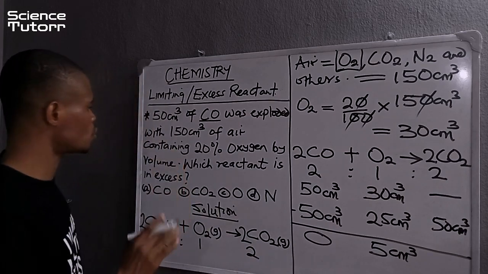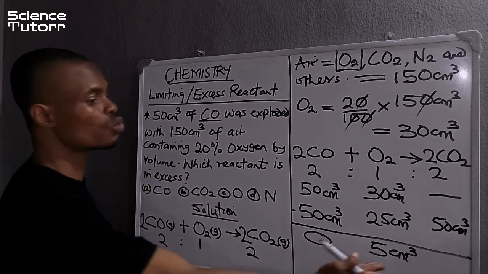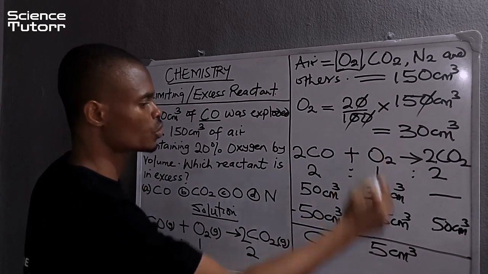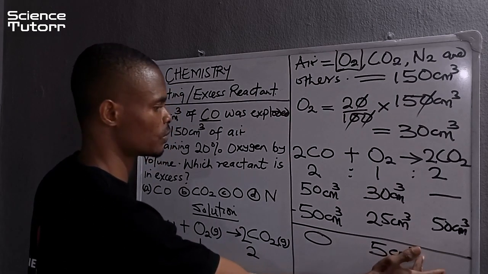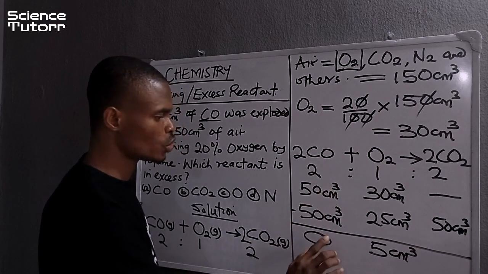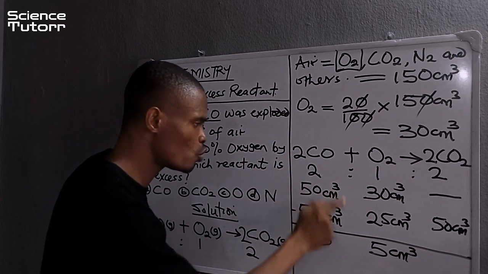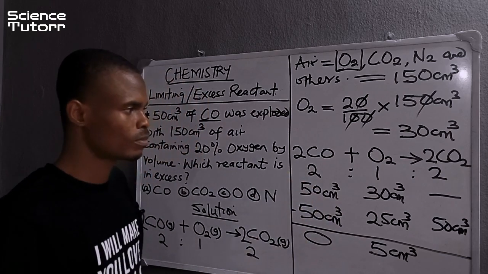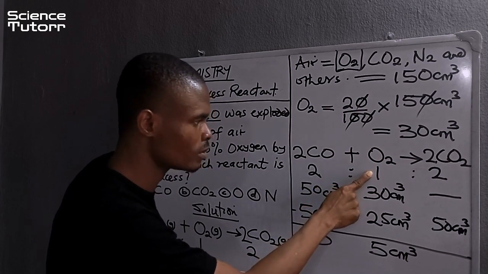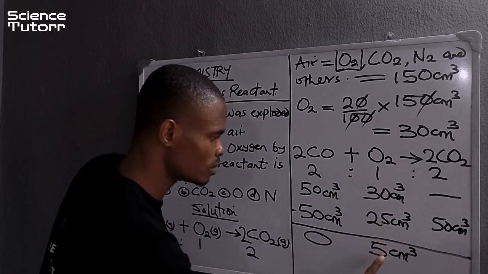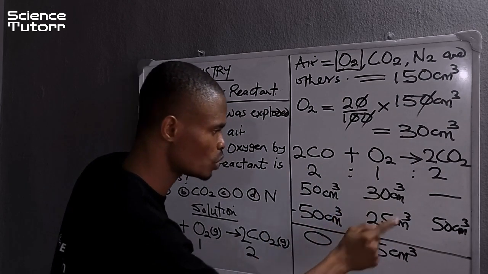Based on the question, it says which reactant is in excess. When we look here, we can see that oxygen is in excess, right? 5 cm³ is left. For CO, nothing was left. Based on the ratio, all the volume was used up. For oxygen, based on the ratio 1, we are left with 5 cm³, meaning half of it was used, which is 25.